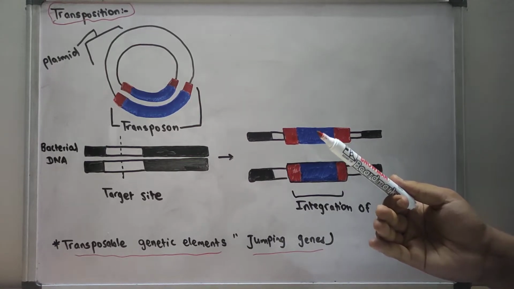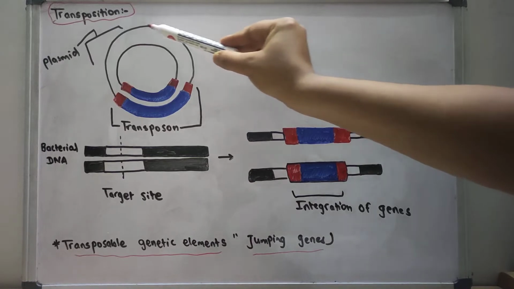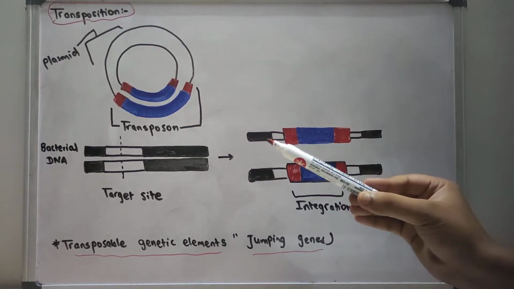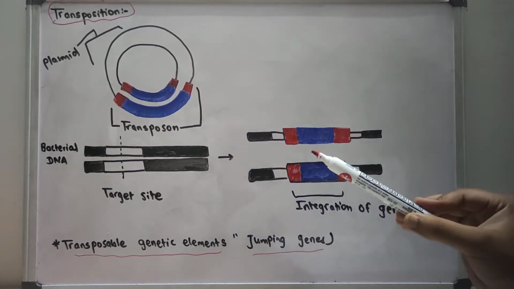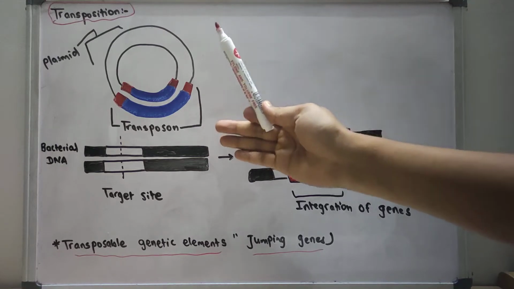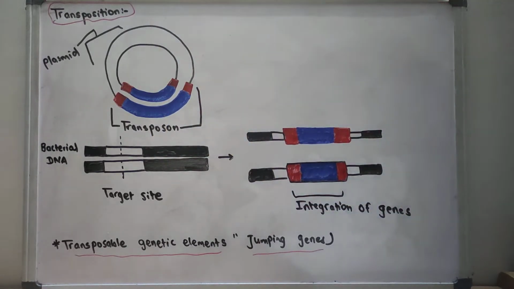So what happens is that if we look at the plasmid, there is a certain portion of the plasmid that has the property of the transposon. That means this transposon can be copied to the bacterial DNA.